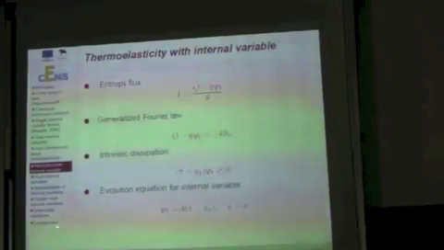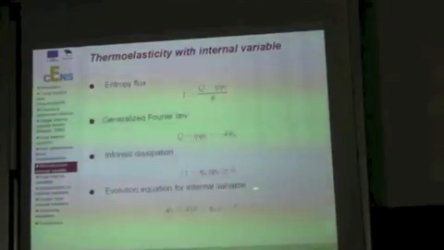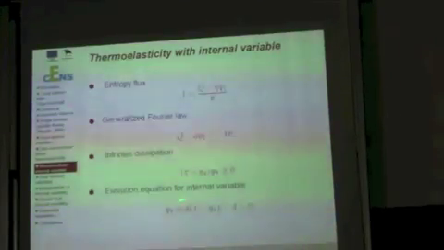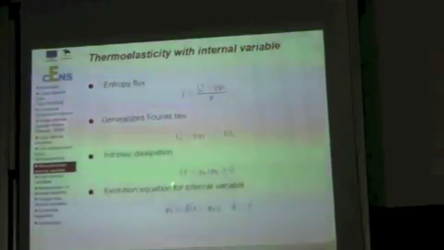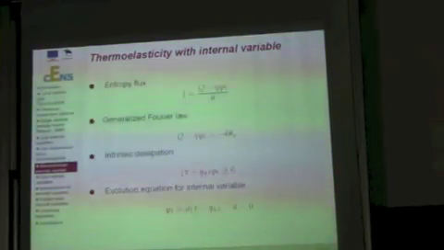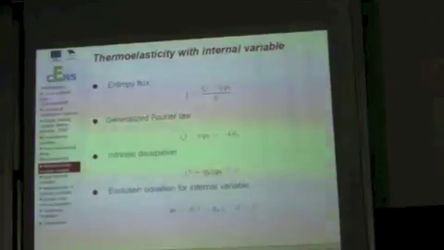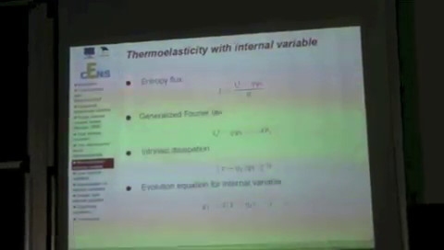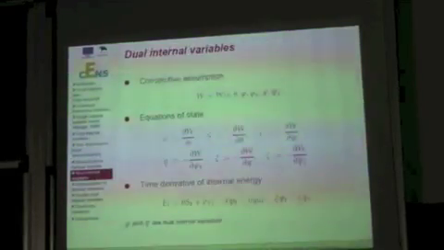So the evolution equation for the internal variable follows from this dissipation inequality by proportionality of the time derivative of our internal variables to this part. So we have a quadratic expression which is always positive if the coefficient is positive. Okay?